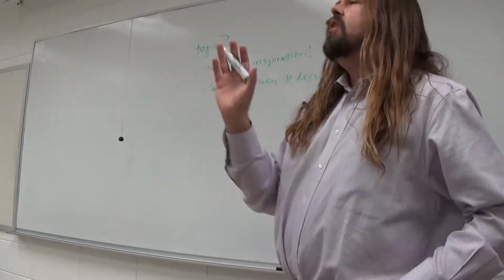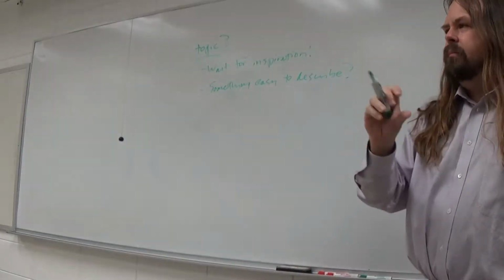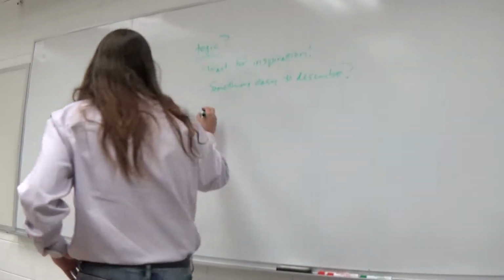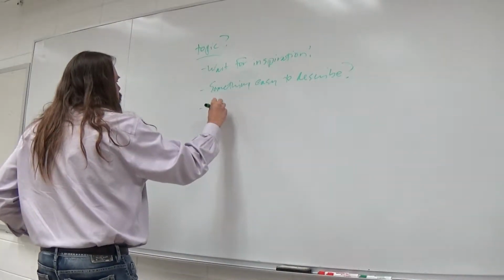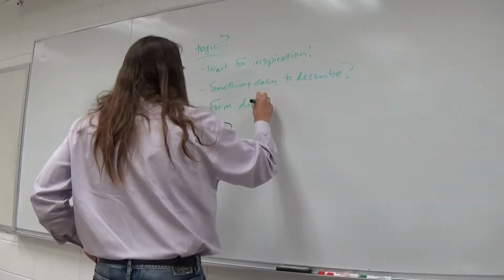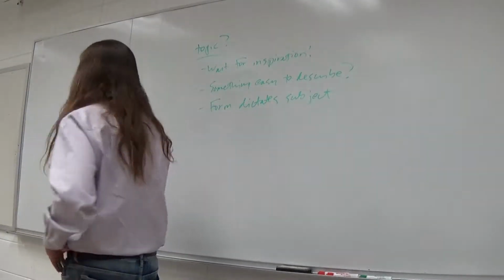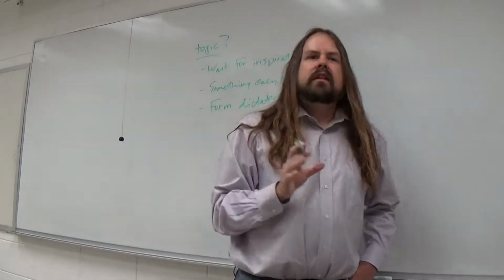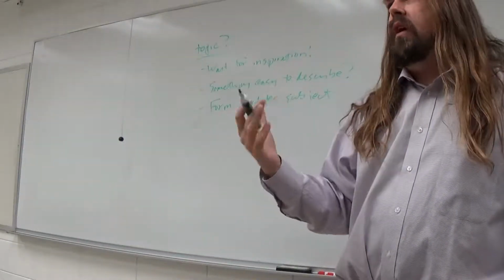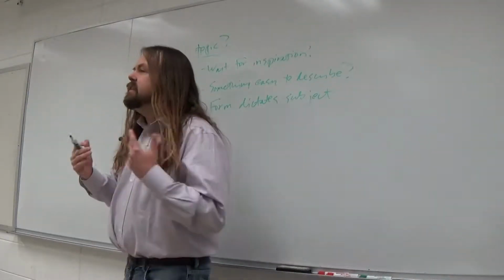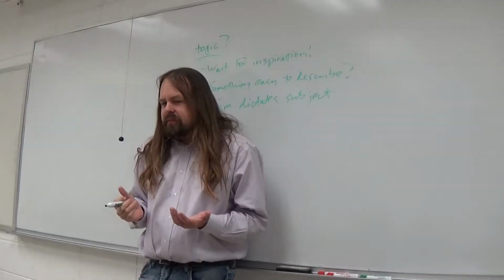So what you tried to do was let the history and the form dictate your subject. Now, I don't want any of you, by the way, to tell me or each other yet what you wrote about. I think part of the interest of all this will be guessing what it is exactly you're describing.